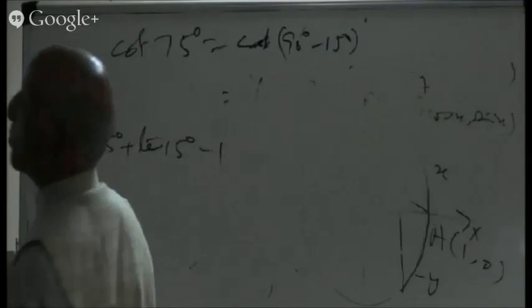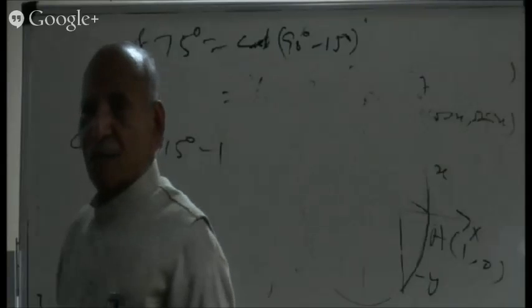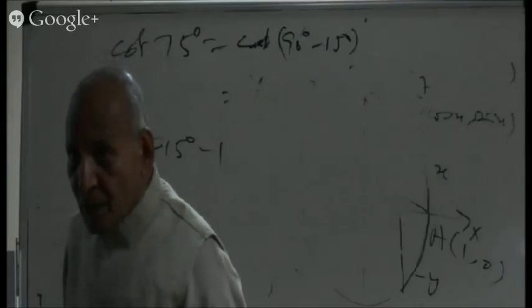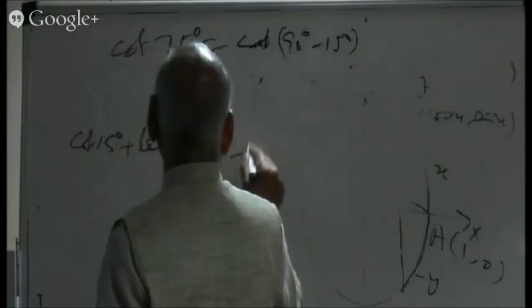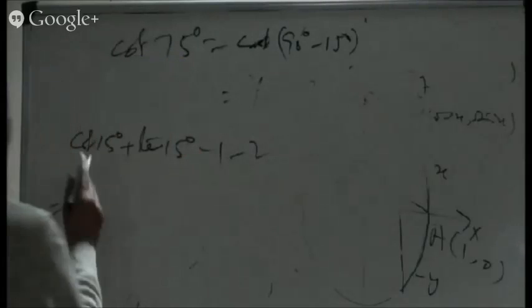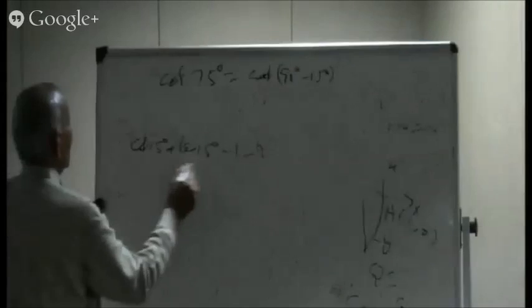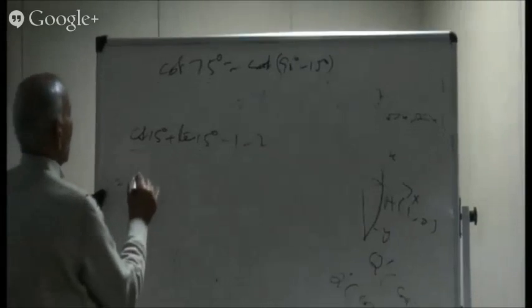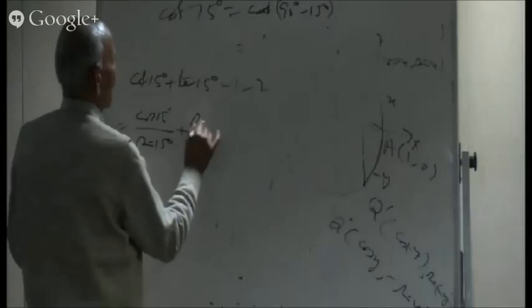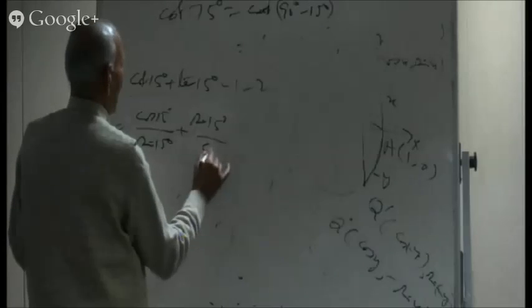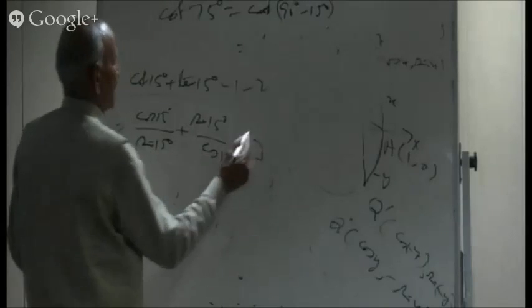Then this is cosecant of 30. Cosecant 30 is 2. So that means minus 2. But here this is to be simplified. The main situation is about this. So can I write it as cos 15 divided by sine 15, cotangent, and this is tangent, so sine 15 divided by cos 15, minus 3.